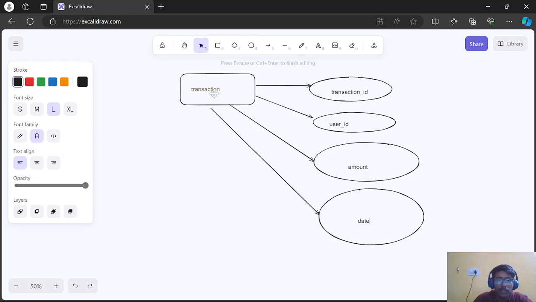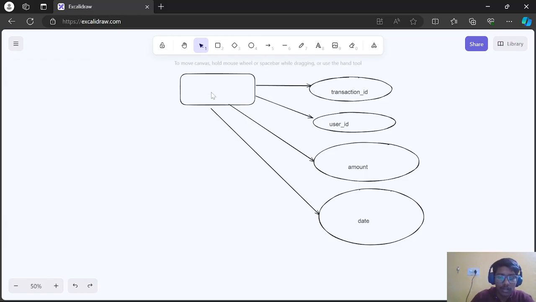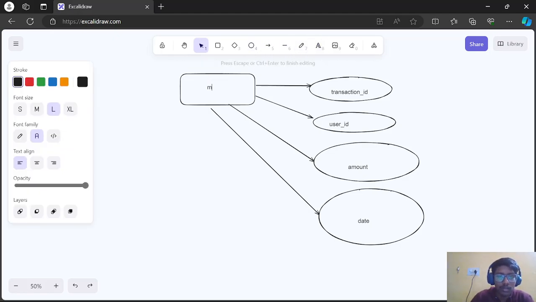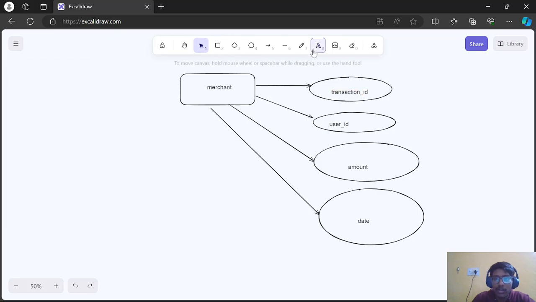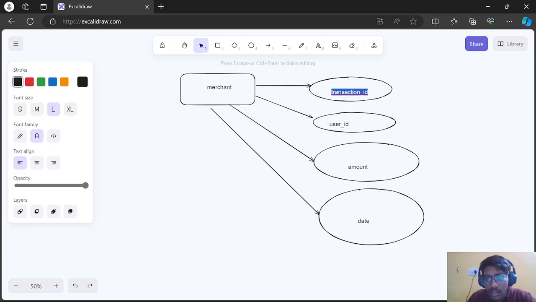So moving on to the next one, that would be the merchant. So this is the merchant entity. As seen in the previous entities, even the merchant entity has a unique ID, that is the merchant ID, which is different from every other ID, and it is the primary key.